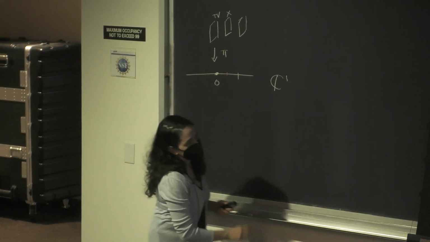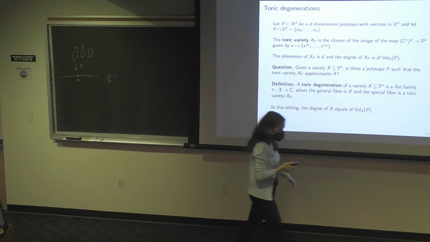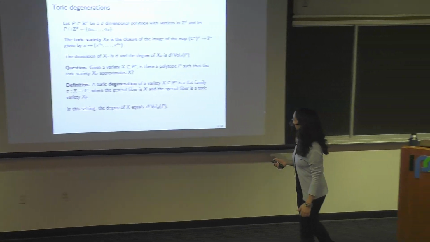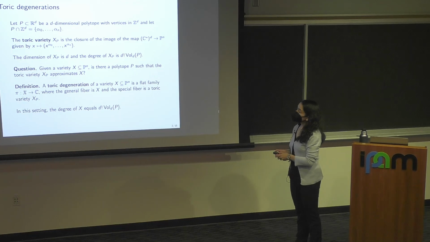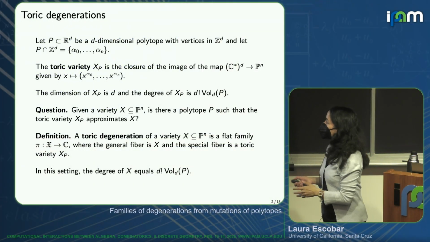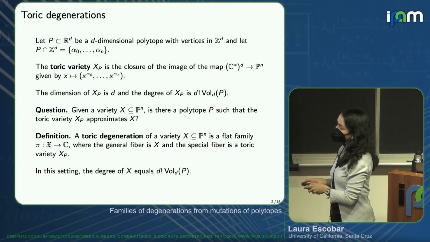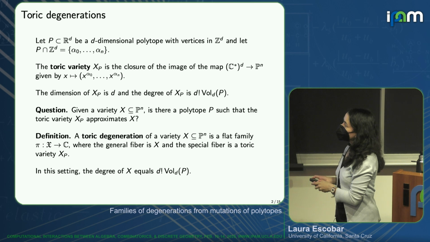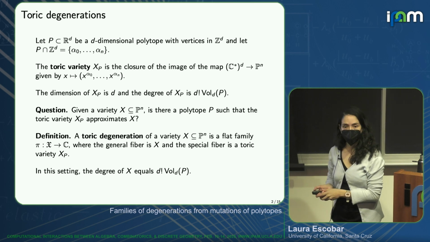And so what this accomplishes is, when you have a toric degeneration, you're able to approximate your variety X using the toric variety, which is called the special fiber. In particular, you can use the combinatorics of the polytope of this toric variety to understand many facts about the original variety.